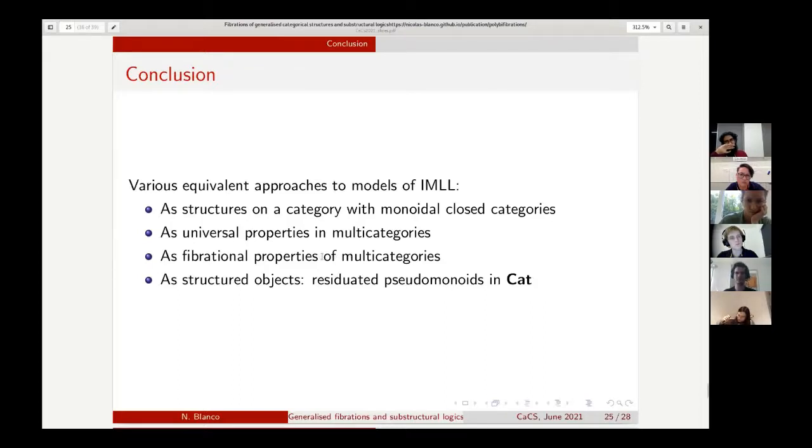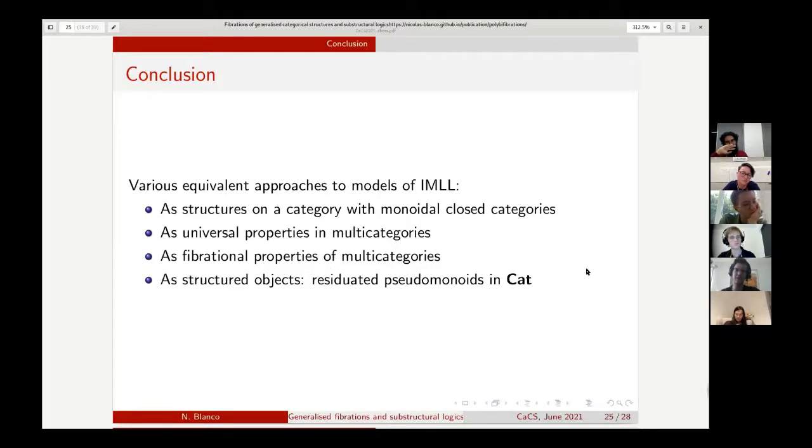A third one is as a fibrational property, so saying that the tensor product or the implication in a multicategory are defined by push forward. And this lets us, for example, lift models from a simple multicategory into a more complex one, like we did from vector spaces to Banach spaces.